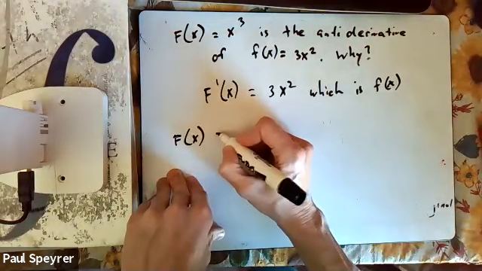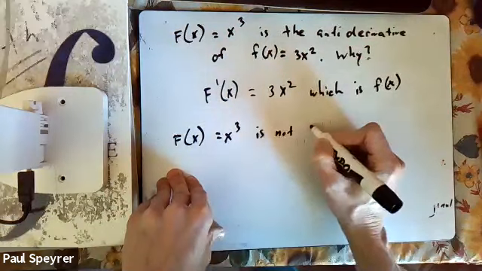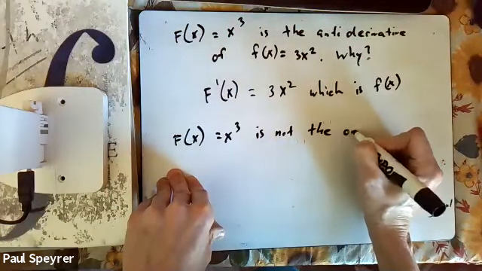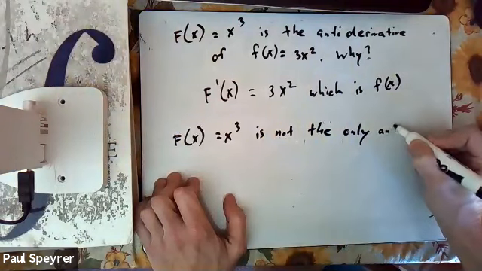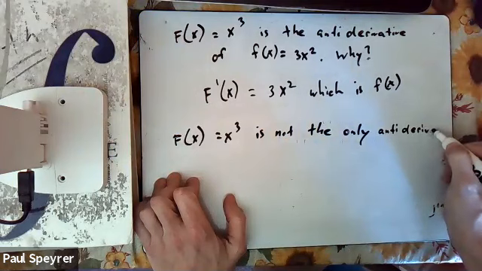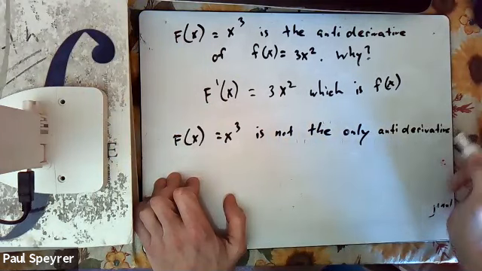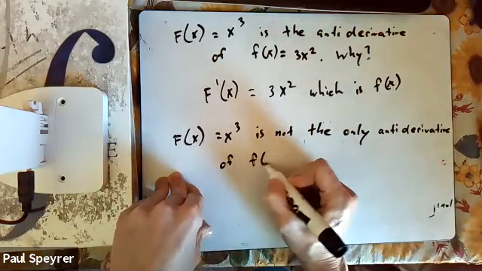So F of x equaling x cubed is not the only antiderivative of f of x, or little f of x.